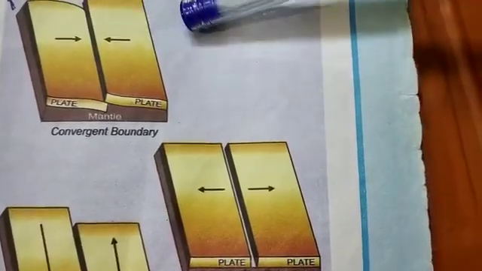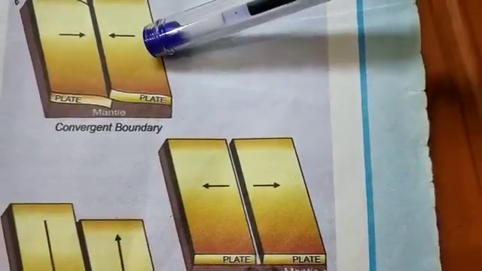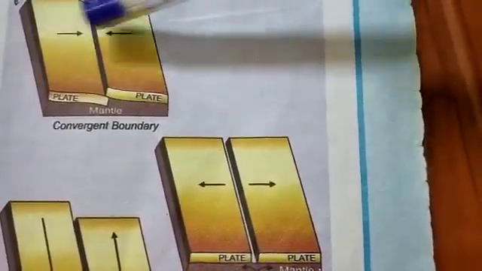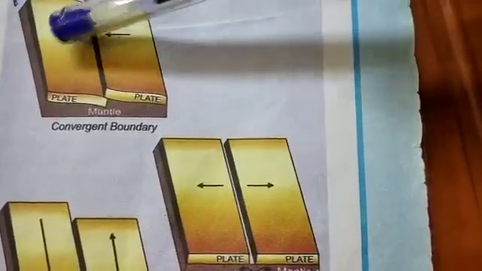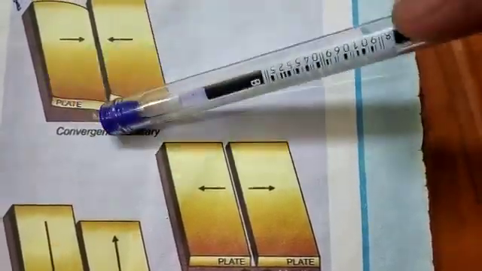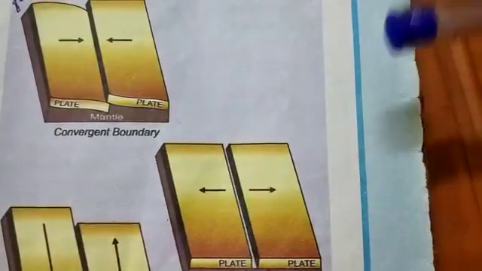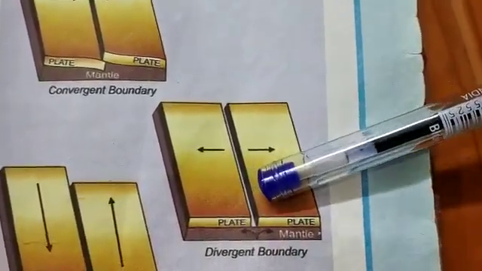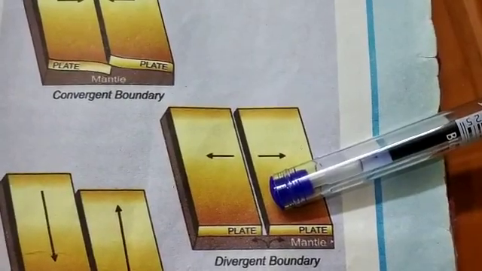So this is the picture of the convergent boundary. This is one plate, this is another plate. The arrows show that these two plates come close towards each other and form a boundary, that is a convergent boundary.